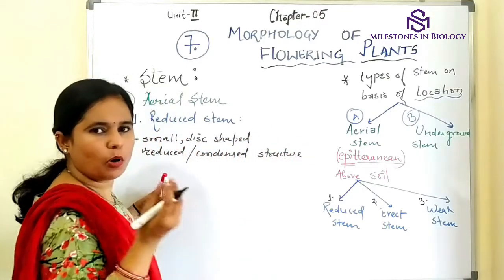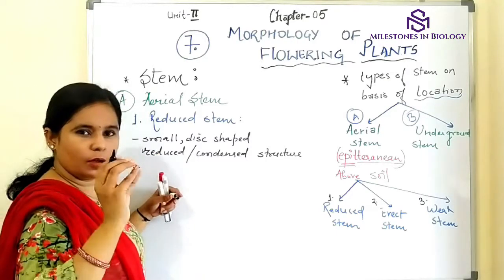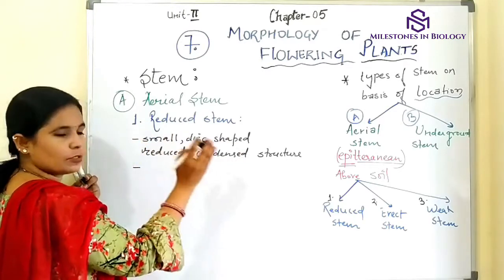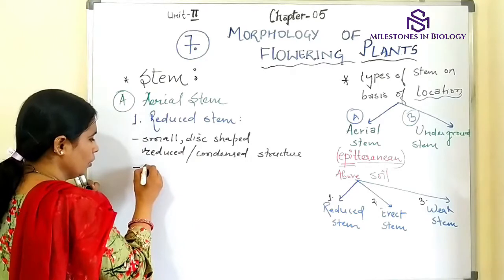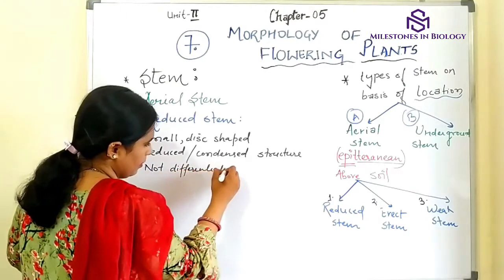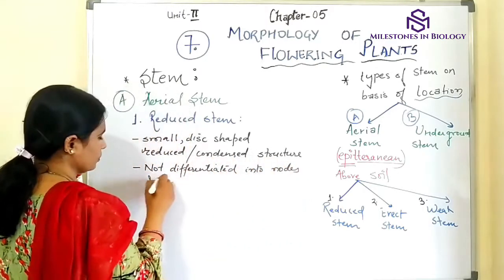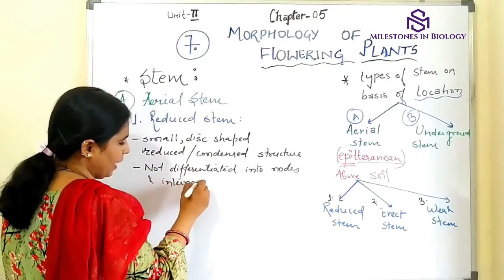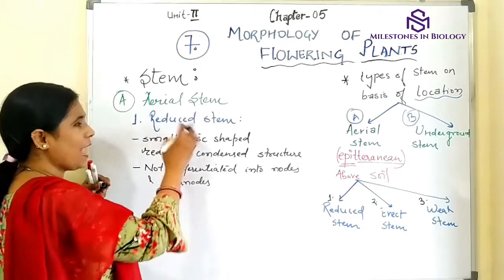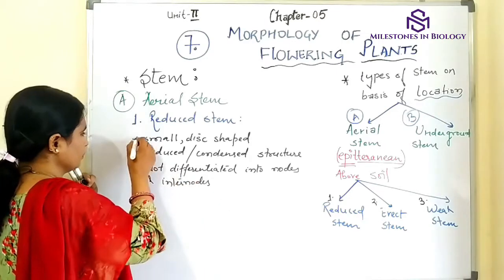Fine, it is a small disc-like structure having a very small shape, reduced and condensed, not differentiated into nodes and internodes. I told you the general characteristic of the stem is that it has nodes and internodes, but as it is a very small structure, it is not differentiated into nodes and internodes.